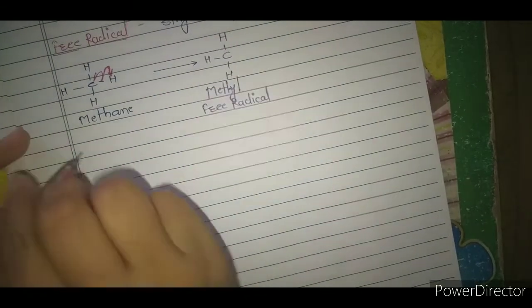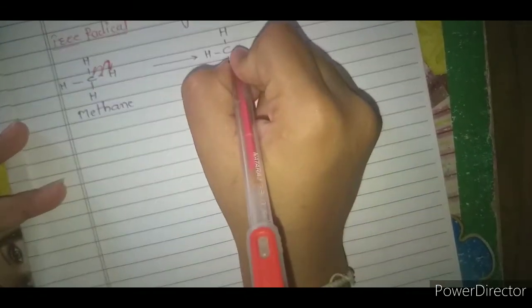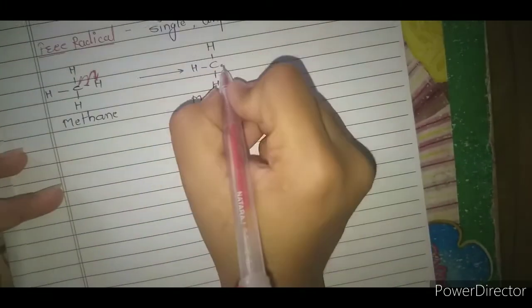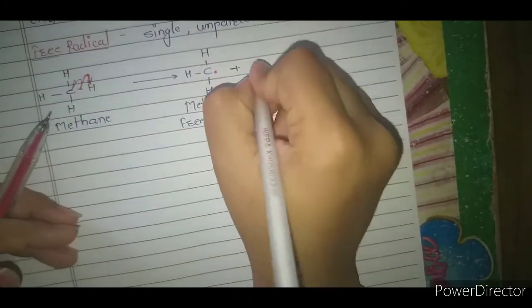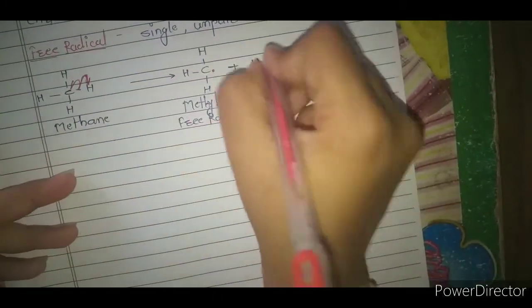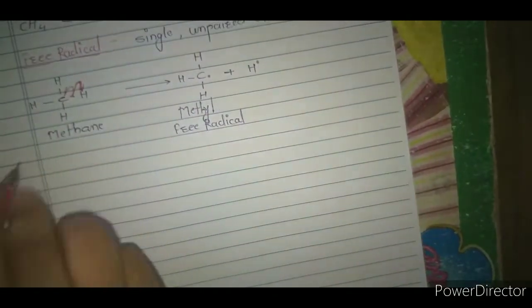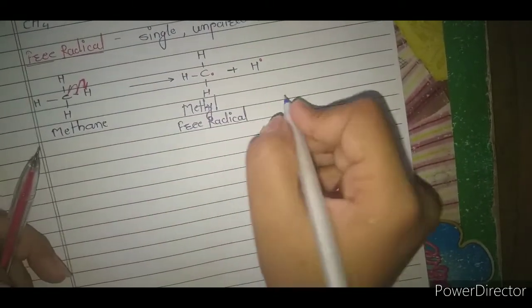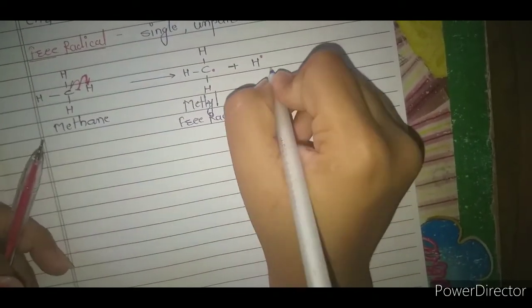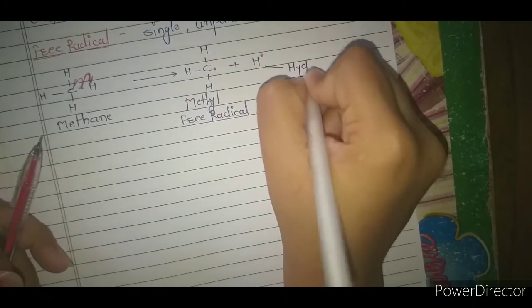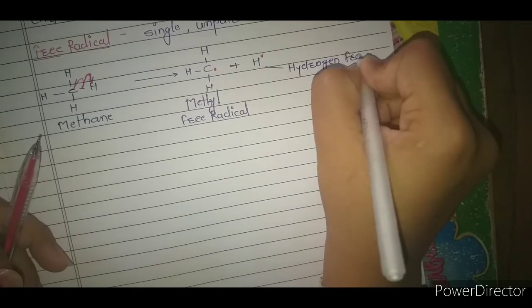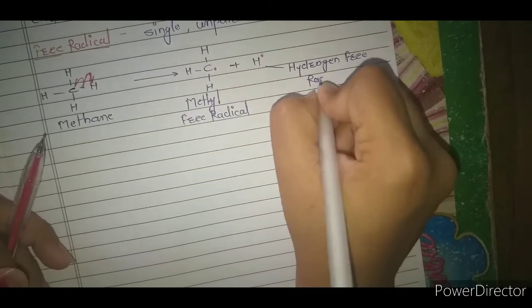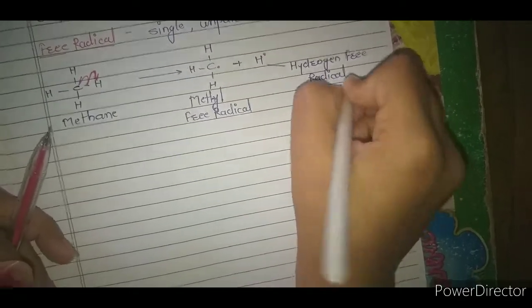This dot indicates that it is a free radical. It forms a methyl free radical and a hydrogen free radical.